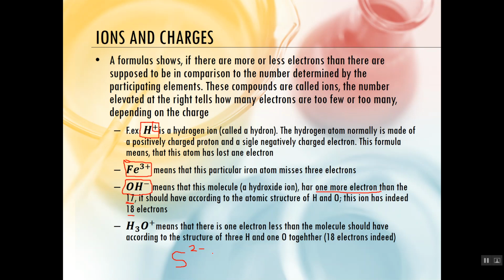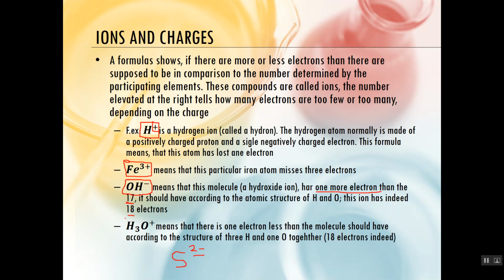Normally it should have 32. So it has 2 electrons more than what it should have according to the atomic model of sulfur. So the sulfide ion has therefore 2 negative charges, 2 electrons too many.